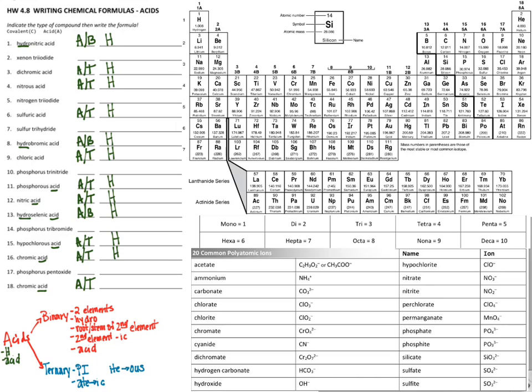All right, so they all start with hydrogen. I know that for sure. Now I'm going to focus only on binary or ternary, so I'm going to stick to binary first.